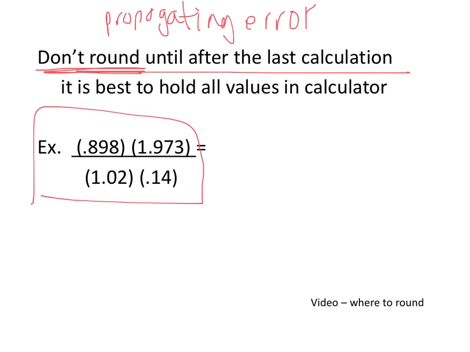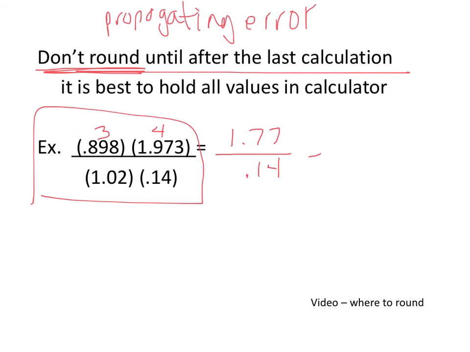Here's an example. So if I take this number and I punch in the numerator, and this has 3 sig figs, this has 4 sig figs, and I round that to 1.77. My calculator says 1.77 something. But if I round it to the right number of sig figs, and I do the same thing for the denominator, it ends up being 0.14.